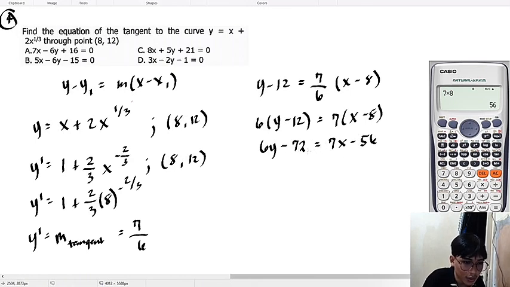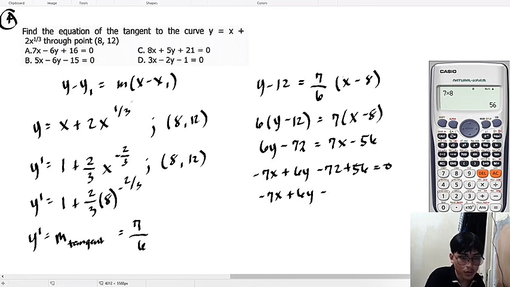So we transpose to get the general equation. So we have here negative 7x plus 6y, and then negative 72 plus 56 equals 0. So we have here negative 7x plus 6y, and negative 72 plus 56 is simply negative 16, equals 0.